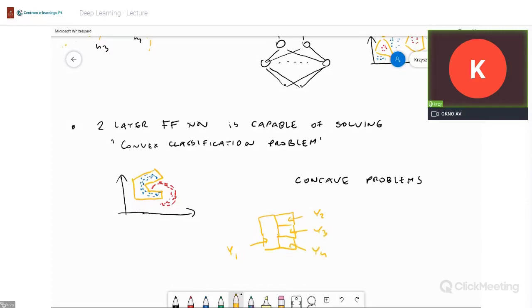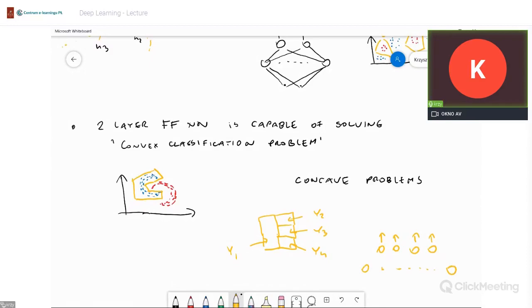That means I have neurons that respond with 1 if samples are located somewhere here. All these neurons will respond with 1. These are neurons of my second layer. So my network here has the first layer, and here I have the second layer.